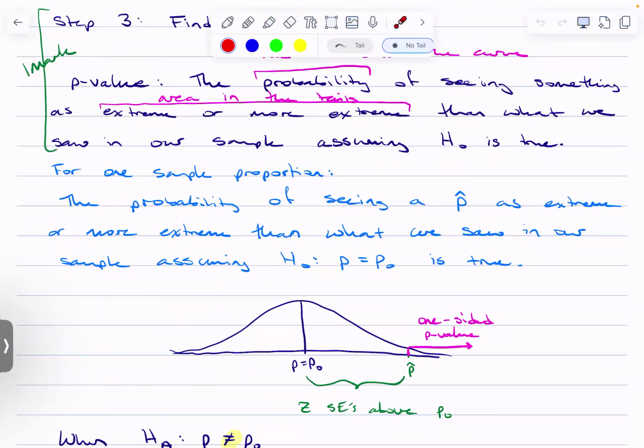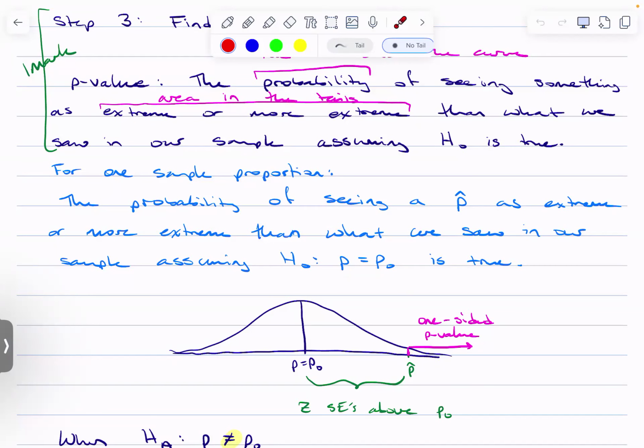So for one sample proportion, specifically, the p-value would be the probability of seeing a p-hat as extreme or more extreme than what we saw in our sample, assuming P is in fact centered on P naught, right? If that probability is relatively high, then there's no reason to reject this null hypothesis. If it's small, right, then we start to say, oh, okay, that's kind of unlikely, possible, right?